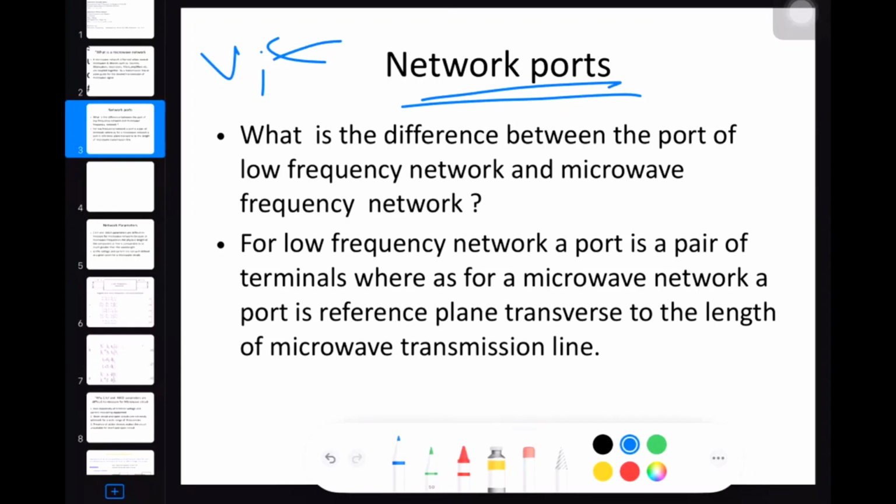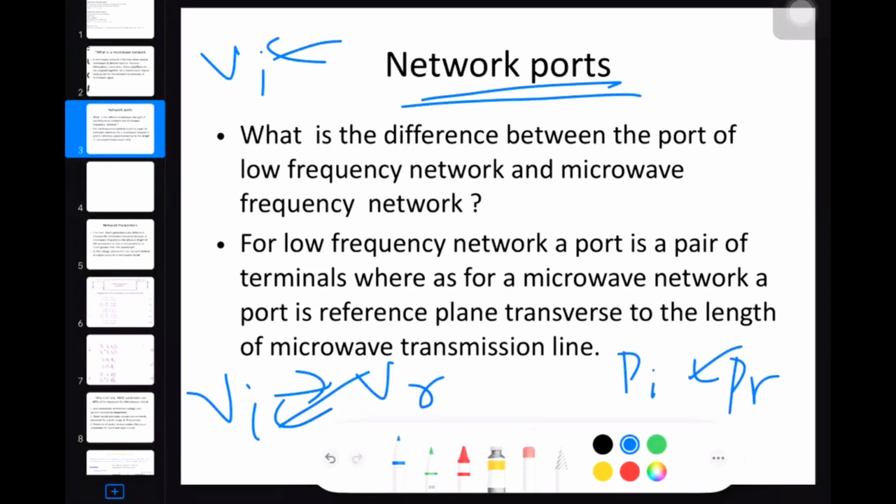But in a microwave network, whenever I give an input voltage, there is always a reflected voltage, which is called VR, because the signals are traveling in a waveguide structure. So for an incident voltage there is a reflected voltage, or for an incident power Pin, there is a reflected power, which is PR. Okay.